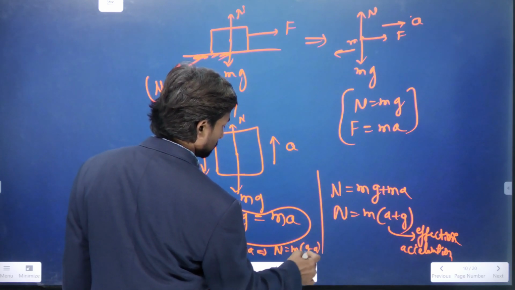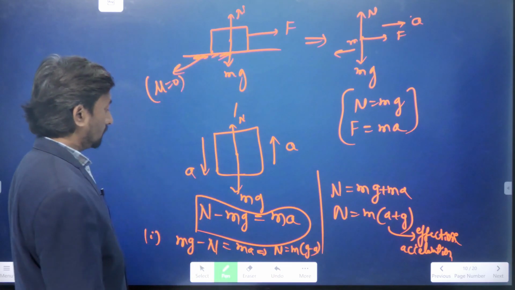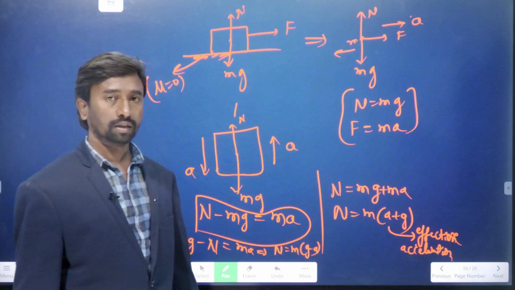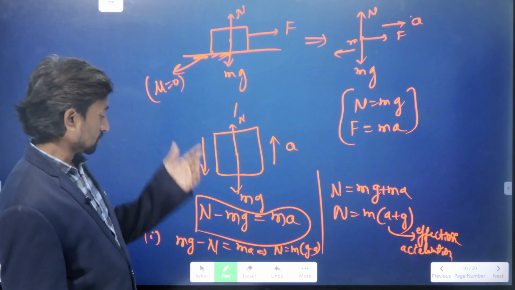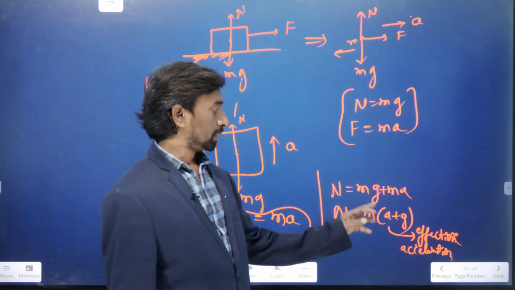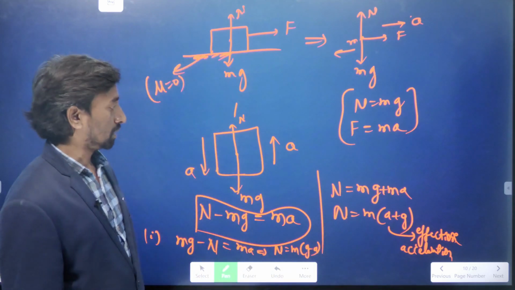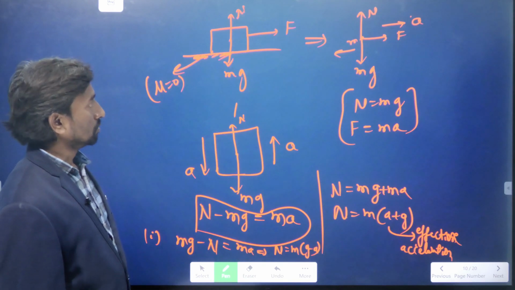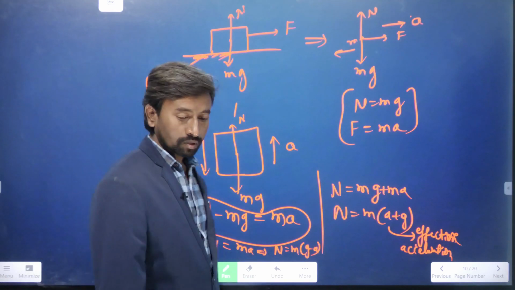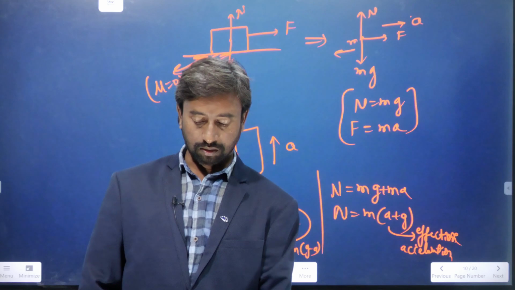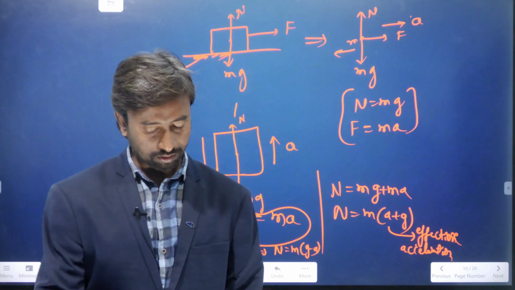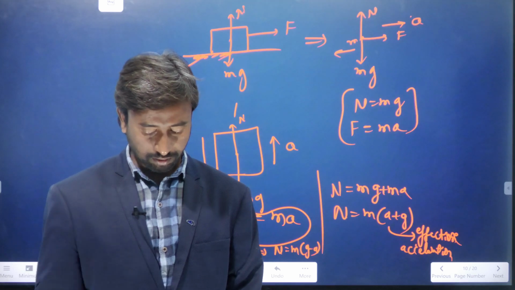Whenever the lift is moving downwards, the normal reaction is m(g minus a), and whenever it is moving upwards, it is m(g plus a). That is the effective acceleration in each case. So there are different cases like this. While discussing the problems, we are going to discuss the free body diagrams of the different cases.